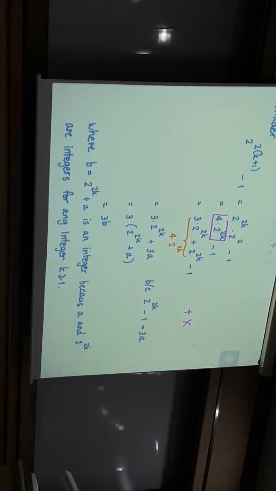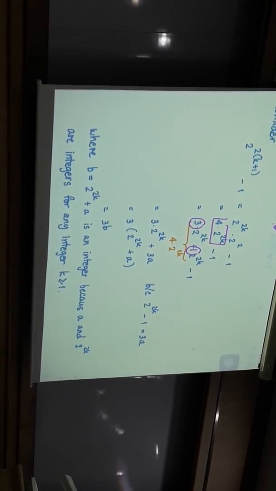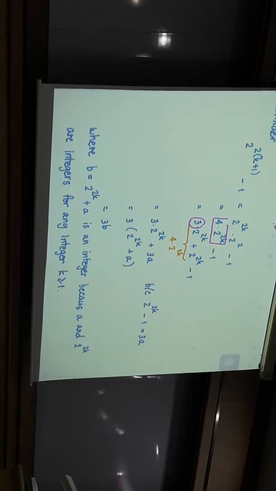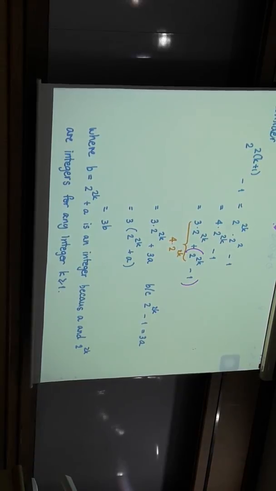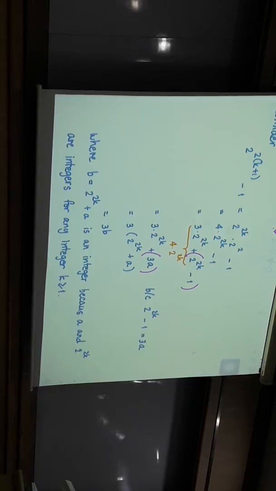So this one, I have 3 and 1 here. That will be 4. And after that, this one here is the same thing as 3a. How do I get this? By inductive hypothesis.